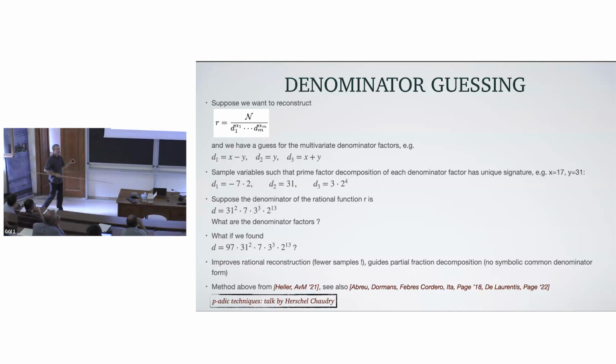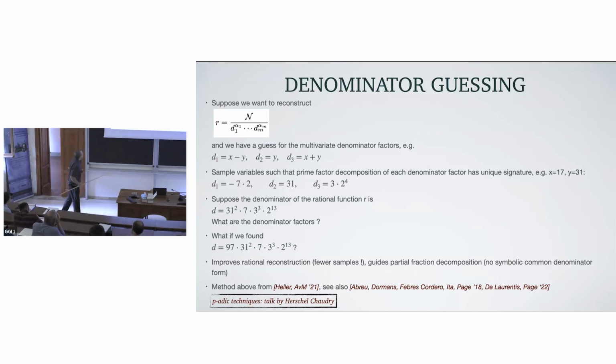It's just a guess. You just try to reconstruct a modified function where you assume that these are the denominators. You multiply with these denominators, and then you reconstruct whatever is left. So if your guess is wrong, you have to do more samples to reconstruct the function, but in general it works remarkably well, and it will not stop you from proceeding, even if the guess is wrong.